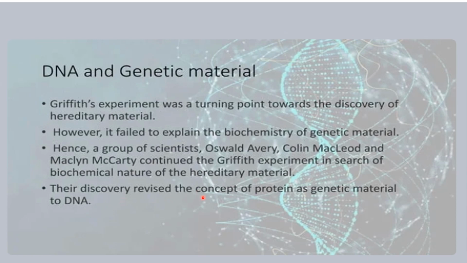Their discovery revised the concept of protein as a genetic material to DNA. First of all, it was thought that protein is the genetic material, but later, when various experiments were performed, people agreed that not protein but actually DNA is the genetic material.